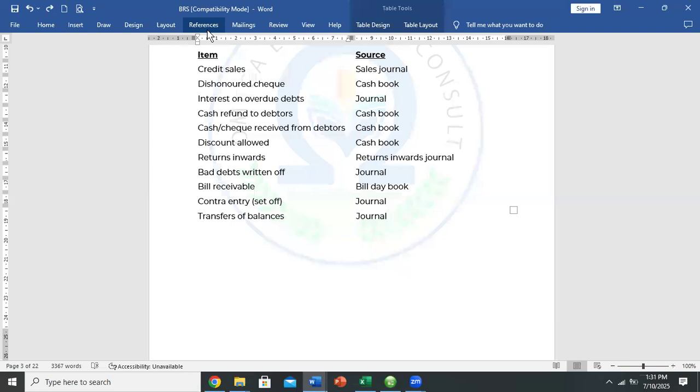Each of the items we have listed here, be it credit sales, dishonored check, whatever, either increases or reduces the debtors balance. If you can effectively know whether the item increases or decreases the debtors balance, then preparing the account will be very easy. How is that possible? Let me demonstrate that below for you.